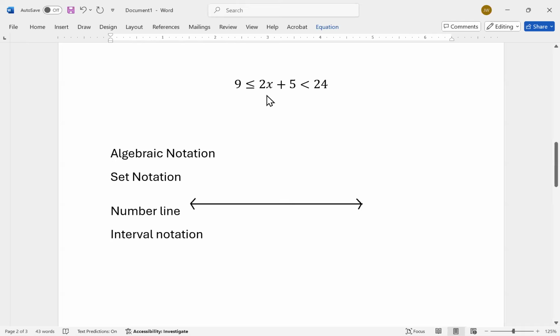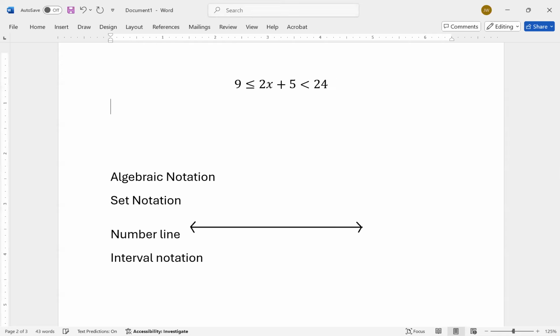The key to solving a compound inequality like this is to realize that the left-hand side of this is one inequality and the right-hand side of this is one inequality. So if, for instance, I were to try to isolate the x in the middle, which is what I'm going to try to do, I want to subtract 5 from the middle.